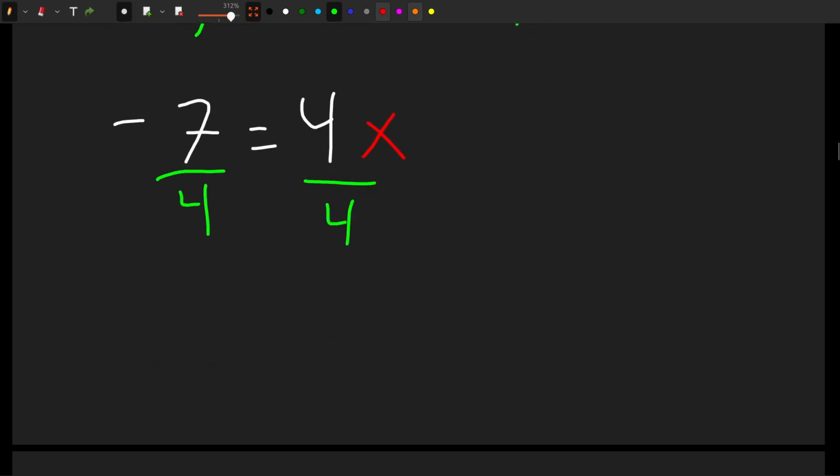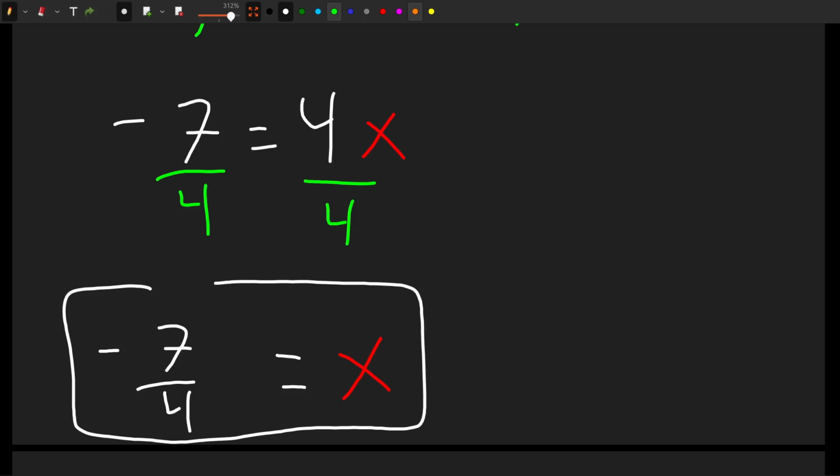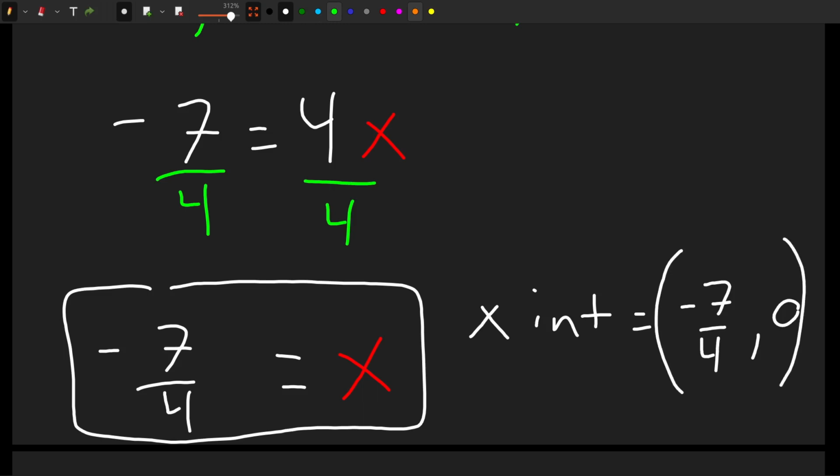And then that means x is now equal to negative 7 over 4. And you can simplify that if you want to, but I'll leave it as just negative 7/4. And so that means my x-intercept is equal to negative 7 over 4, 0.